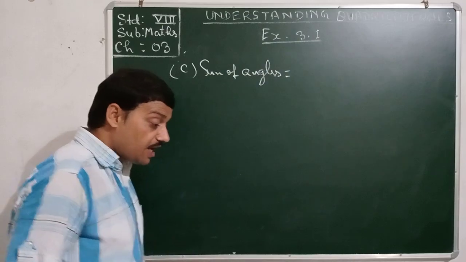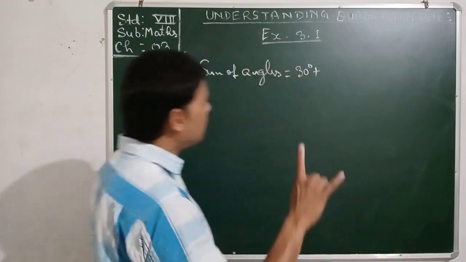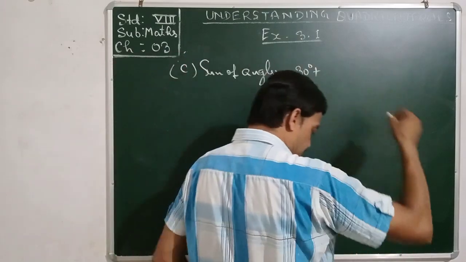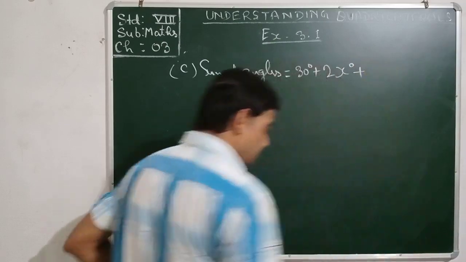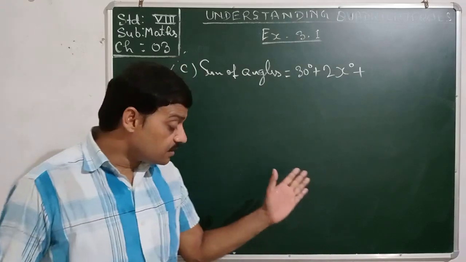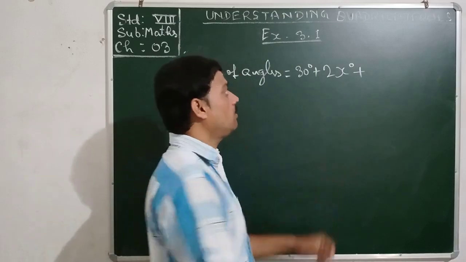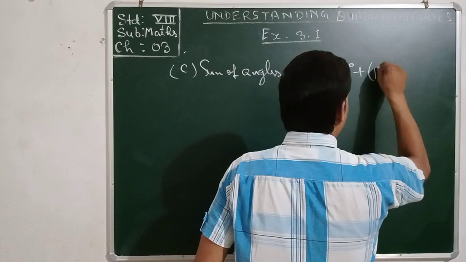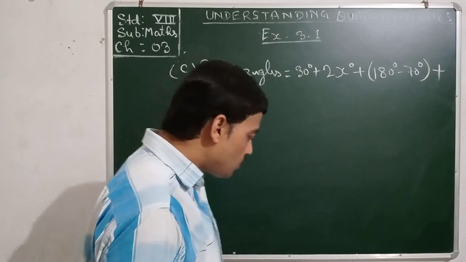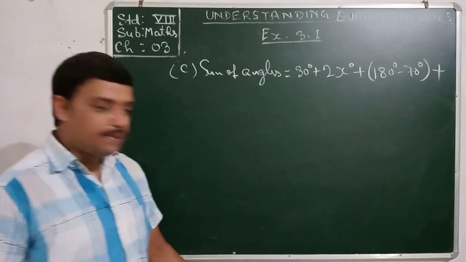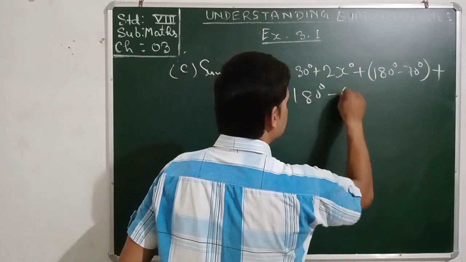Let me find out. These are 30 degrees plus x degrees plus x degrees. We can write it as 2x degrees plus one is the supplementary of 70 degrees, that is 180 minus 70 degrees, plus another one is of course the supplementary of 60 degrees, that is 180 degrees minus 60 degrees.